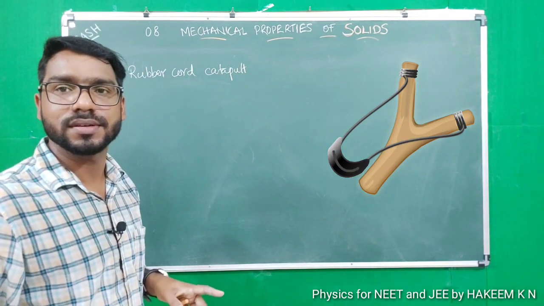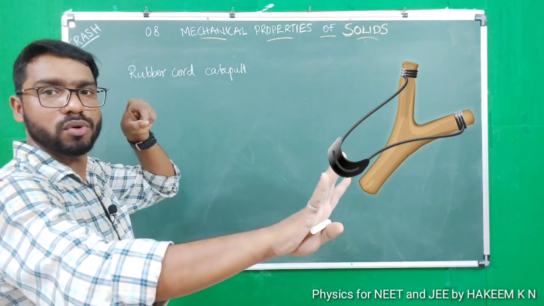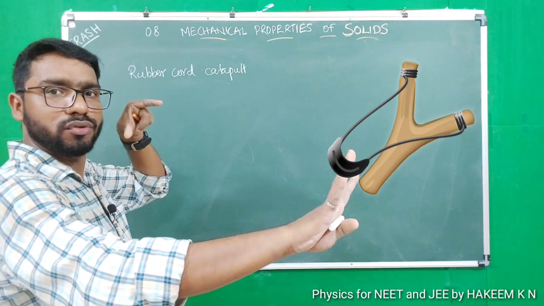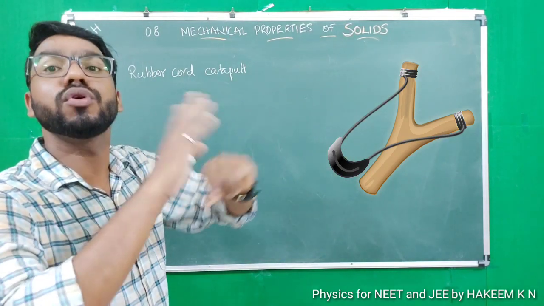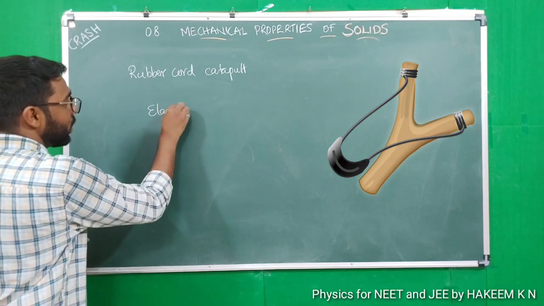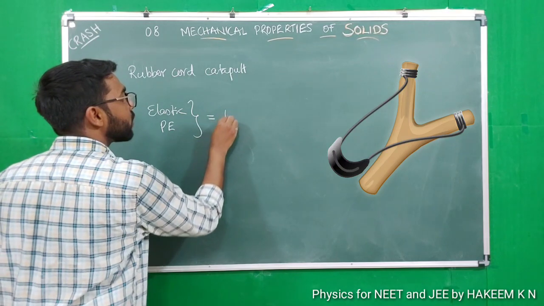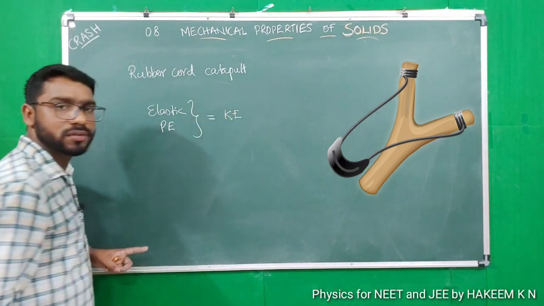Its length increases. So elastic potential energy of the rubber cord is converted into kinetic energy for the stone.